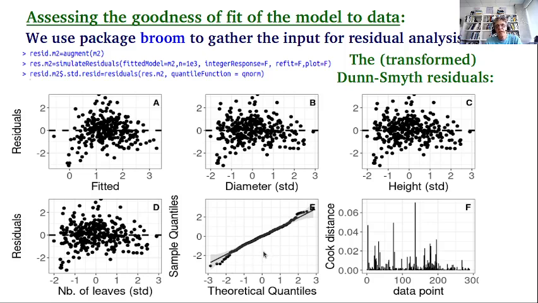Likewise, we see in the QQ plot that these converted Dunn-Smyth residuals do indeed have a normal distribution, and that there might be 3 points out of 300, that is 1% of the points, that might have an important influence on the estimated parameters. We predict, but have not demonstrated, that changing just 1% of the data, 3 out of 300 points, is unlikely to change significantly the maximum likelihood estimate shown in the previous slide.